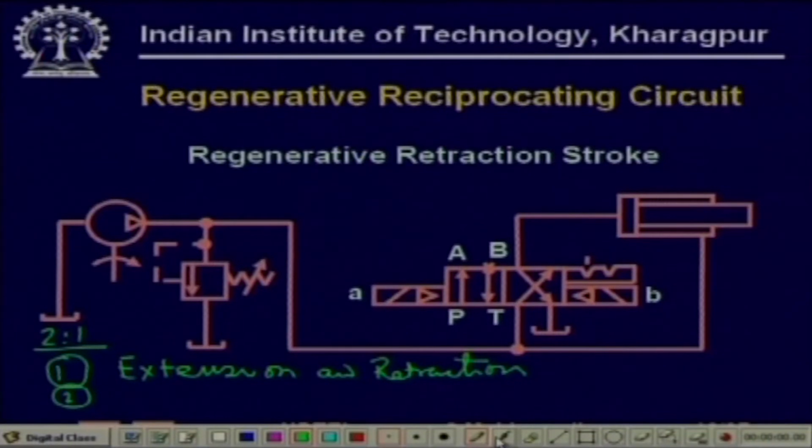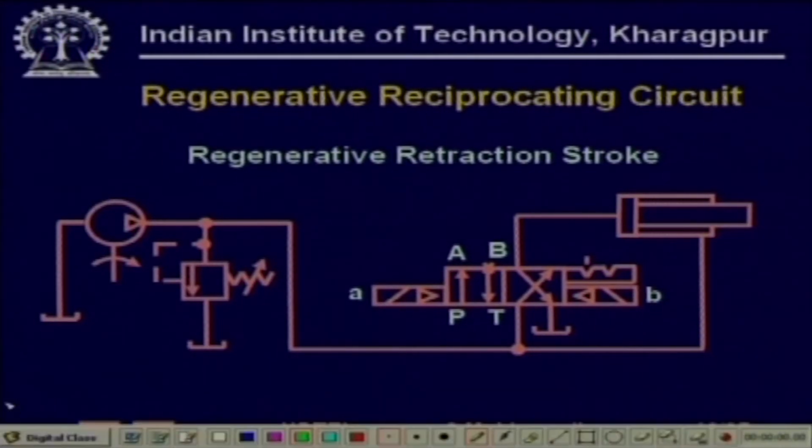If we want to drive a load which requires the same force, then in the regenerative circuit we need higher pressure. So basically we are trading off pressure with flow: we can use a lower flow rate pump to achieve a certain speed, but if you want to achieve a certain force, then we have to give higher pressure. So this is the basic feature of this regenerative retraction circuit.